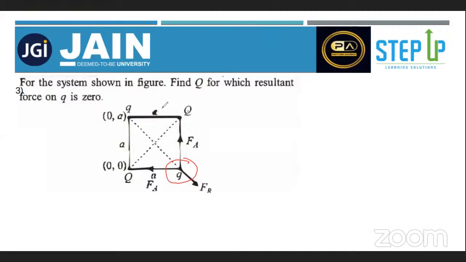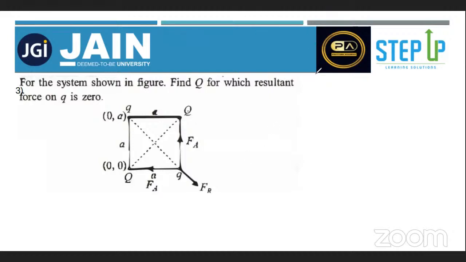This is also A. It's basically a square, so all sides have to be A. Q upon square root of 2.